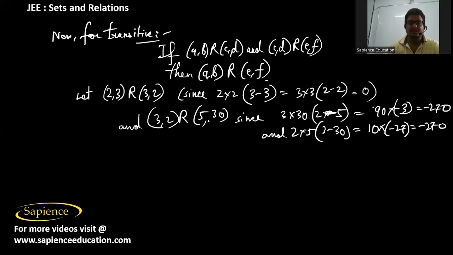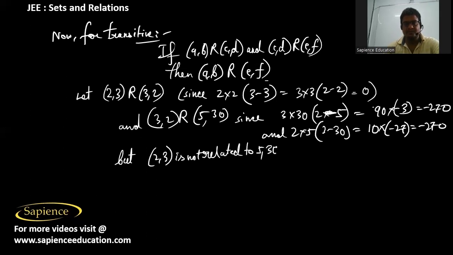So these two are related, but 2 comma 3 is not related to the ordered pair 5 comma 30.